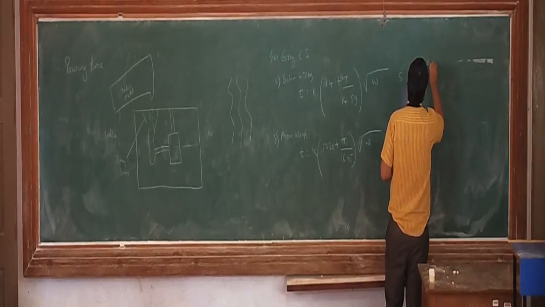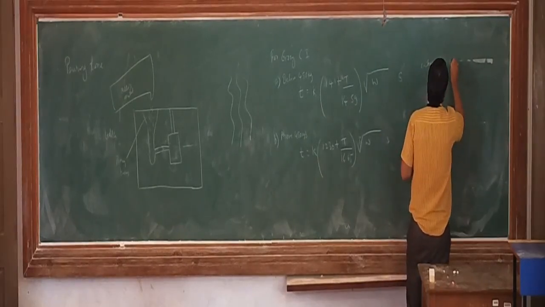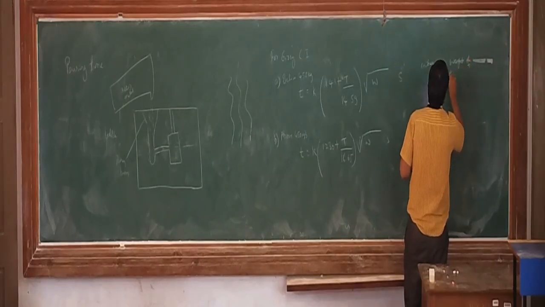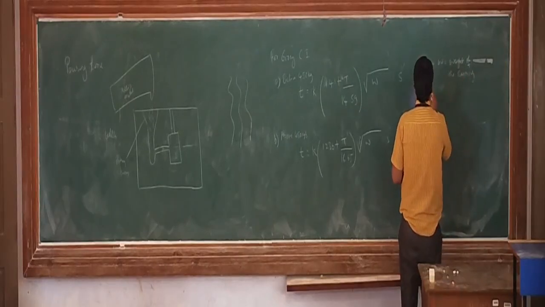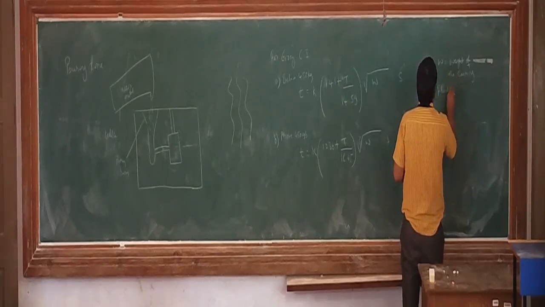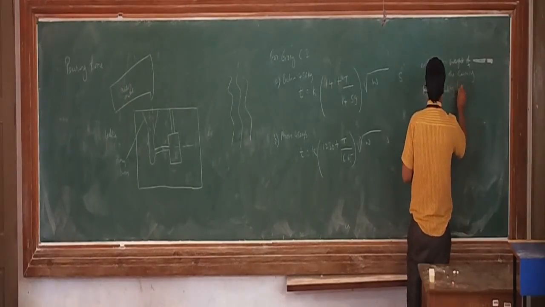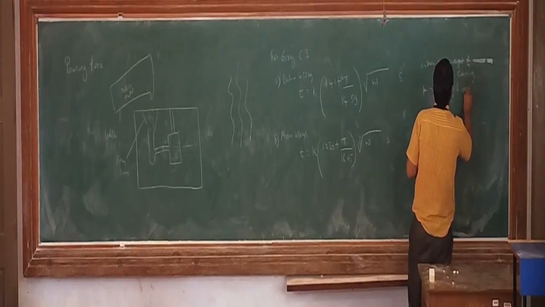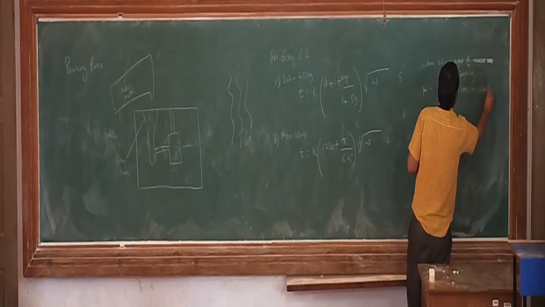Here W is the weight of the casting, K is a constant, and it is generally given by the fluidity of iron in inches divided by 40.